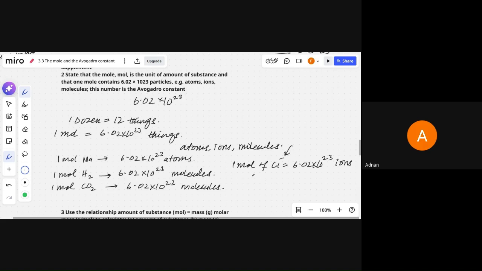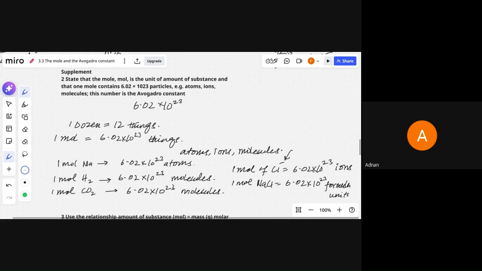And another example: when we have an ionic compound, let's say 1 mole of sodium chloride, which is ionic in nature, we use a different word. It will contain 6.02 times 10 to the 23 formula units, right? Formula units. So this is how we relate moles with Avogadro's number.